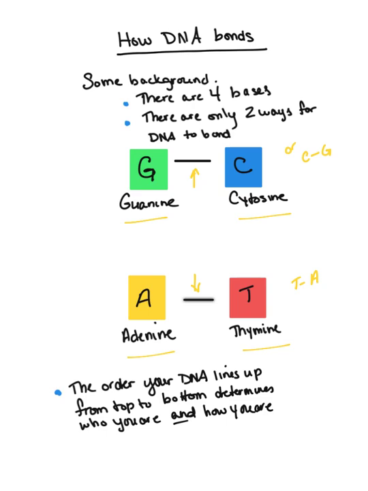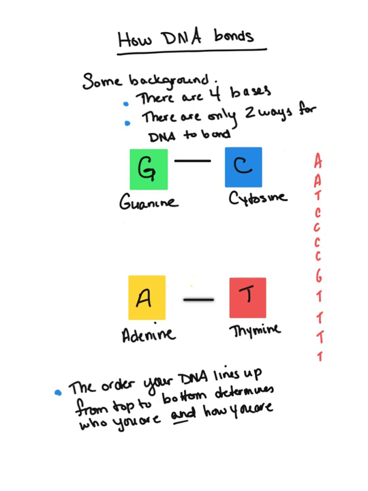Okay? So the way that DNA lines up from top to bottom, let me show you, is what determines your traits. Those are what we call genes. So I can have a collection of them that say A, T, C, C, C, C, G, T, T, T, T. And maybe that codes for brown eyes.